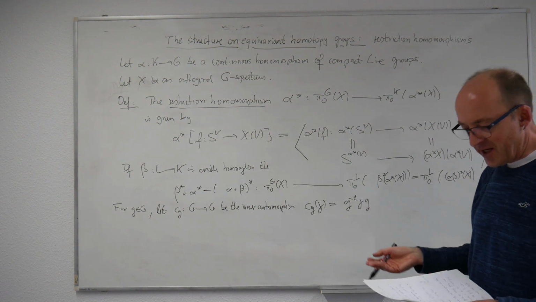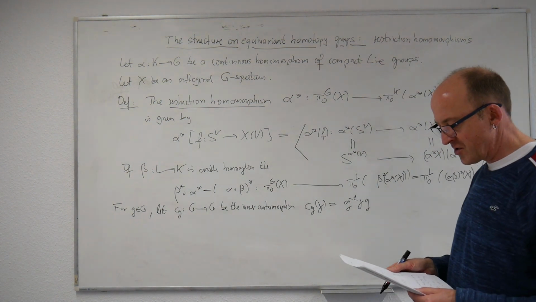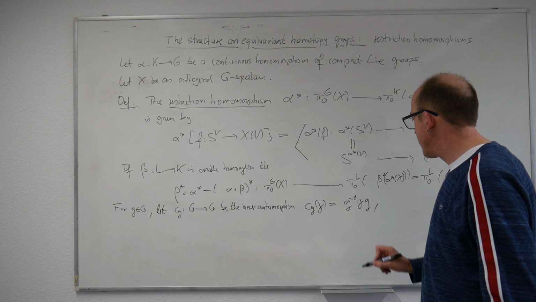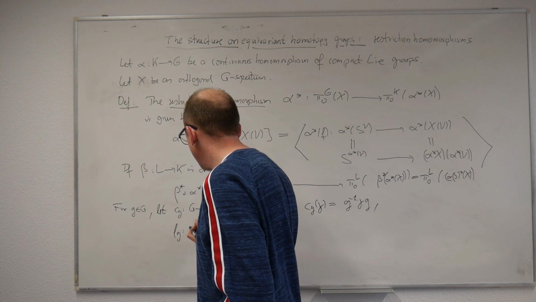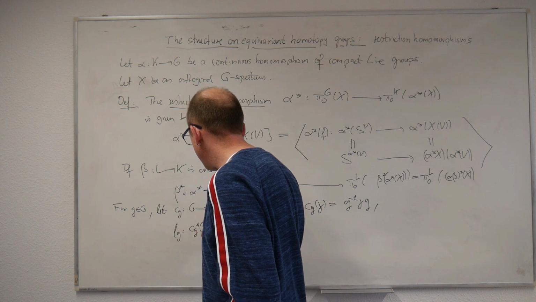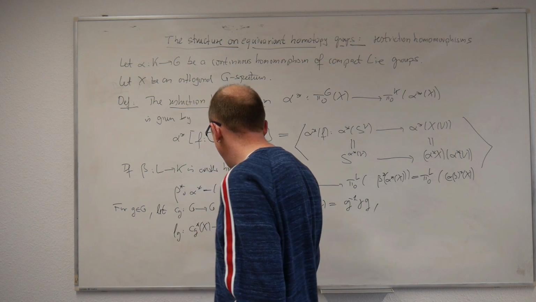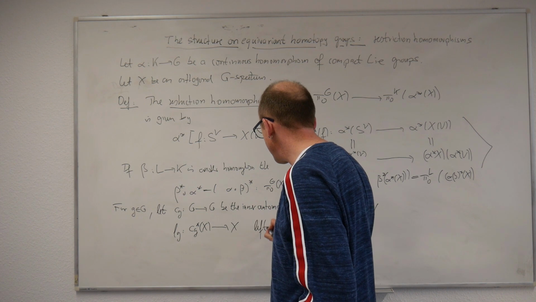So this is in particular a homomorphism, so it has a restriction map. We need another piece of structure: l_g from c_g upper star of x to x, so that this be left multiplication by g.